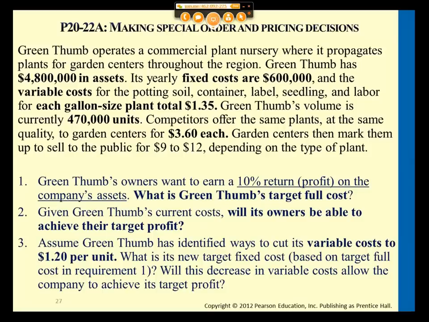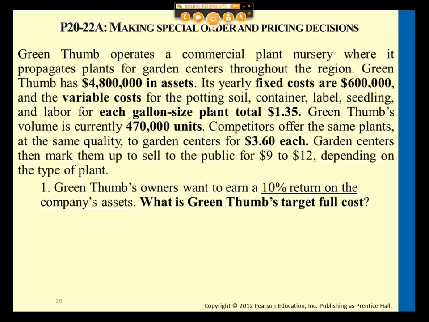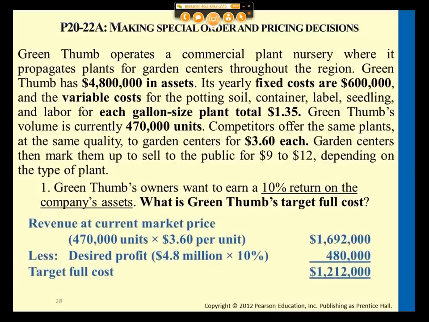Okay, so the owners want to earn a 10% profit on the company assets. What is their full cost? We'll do the first one: what is the target full cost? We'll take revenue at current market price, subtract desired profit, and that's how we'll get the target full cost.